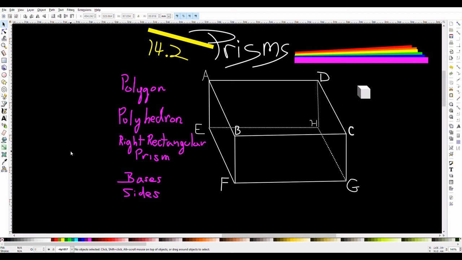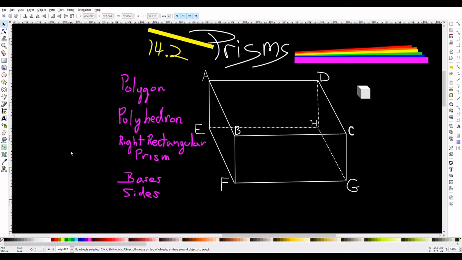And it's a right rectangular prism. What makes it right is that all of these faces are perpendicular to the parallel faces of the prism. That is to say, AEFB forms a right angle with both ABCD and EFGH.